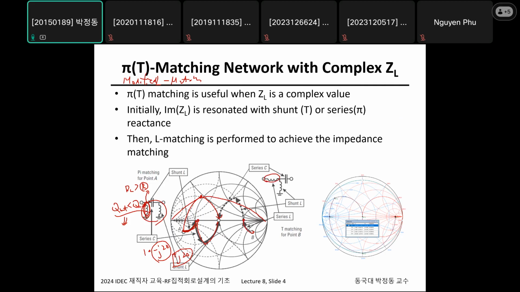Then we move this pure resistive part to the designated impedance using an L match. Okay, so now it becomes a T matching network, right? By doing this, we can get better bandwidth, in case it's possible.